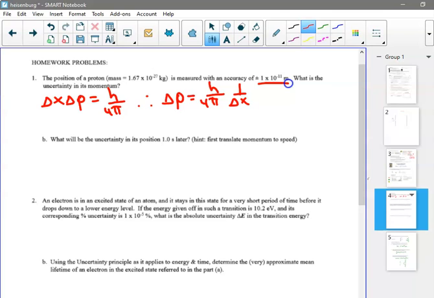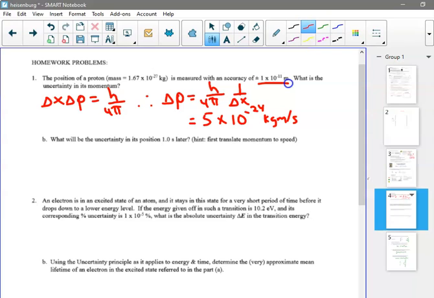But h over 4 pi is an extremely small number. So if I work out the math, let me just do that real quickly. I get the uncertainty in momentum is on the order of 5 times 10 to the negative 24th kilogram meters per second.